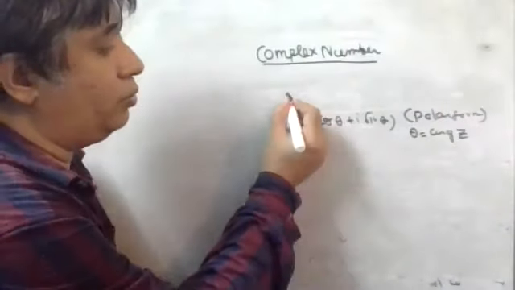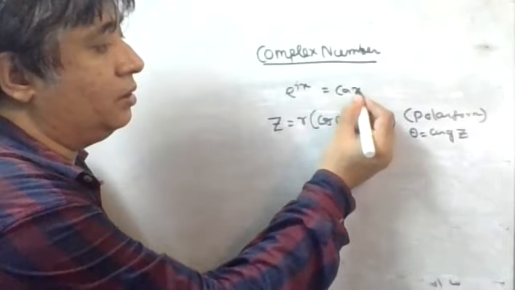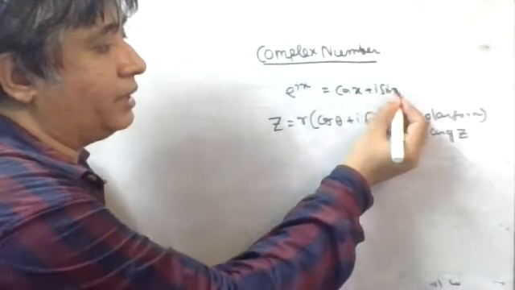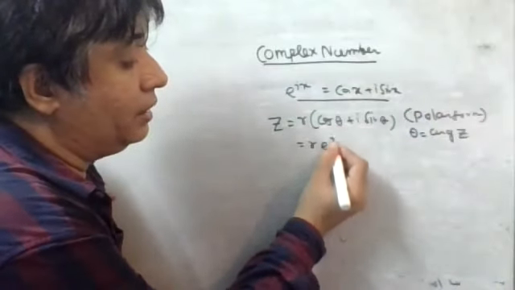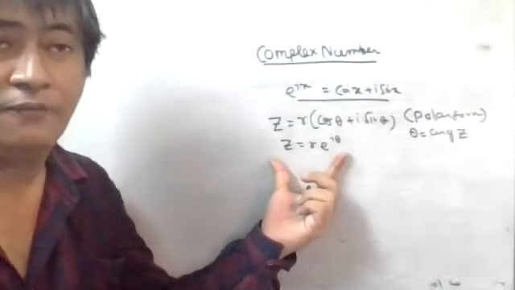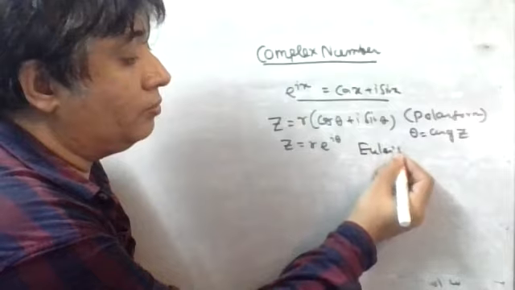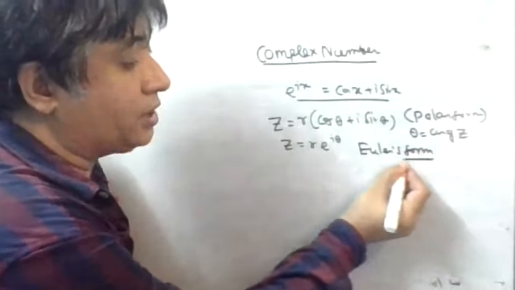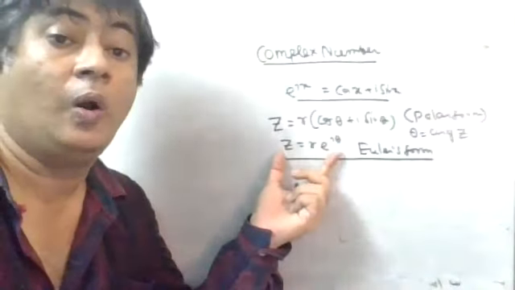Now, a few minutes back we got e to the power ix equals cos x plus i sin x. So instead of x I can write e to the power i theta. This is a standard form. It is called Euler's form. In complex numbers, this form is called Euler's form.